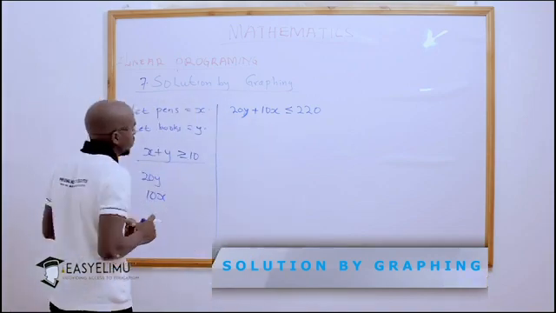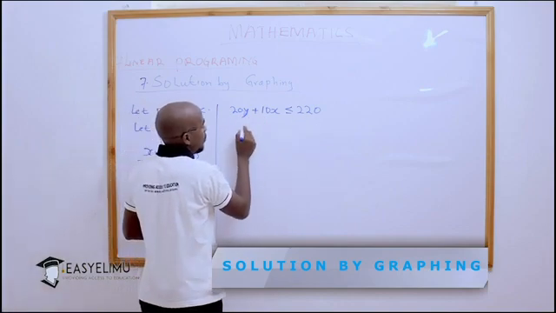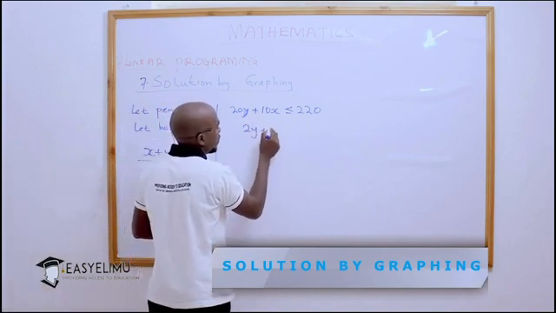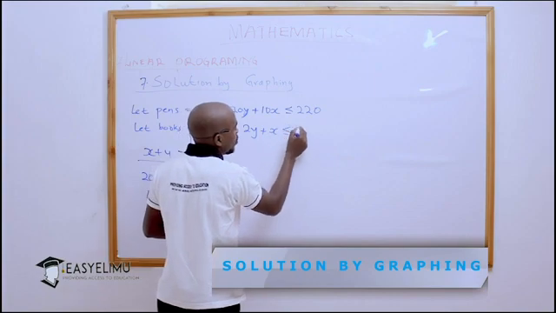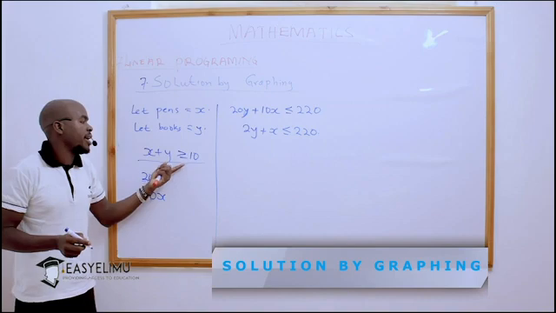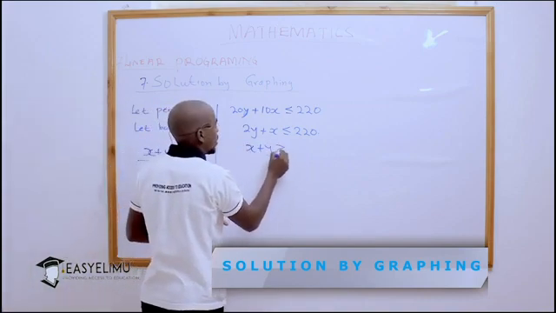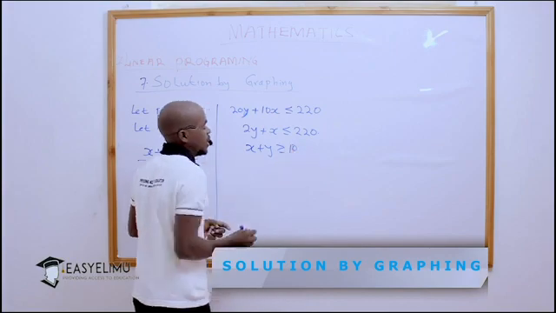The first one we formed is here. Simplifying it further, we find 2y plus x is less than or equal to 220. The next inequality was x plus y is greater than or equal to 10.